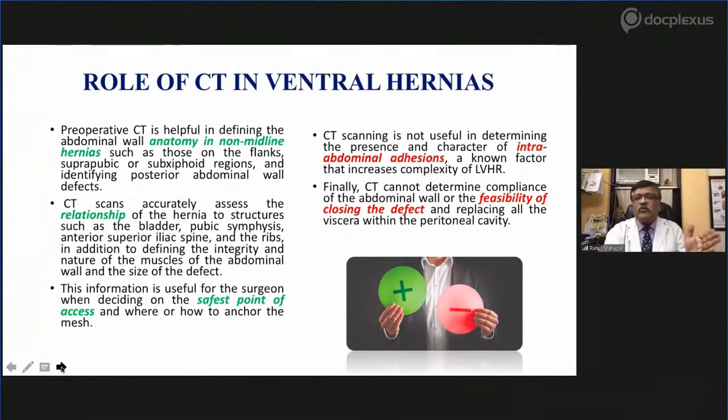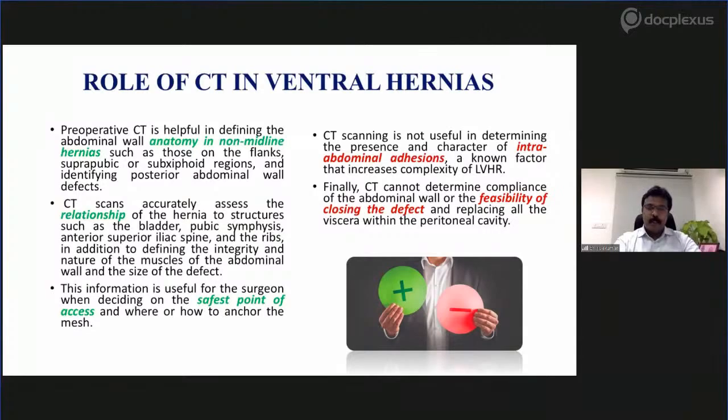So you need to talk to your radiologist and ask the radiologist to comment on the anterior abdominal wall rather than the contents of the abdomen. That is most important, because no one is talking about the hernia, the muscle size, the thickness of the muscle, the thickness of the linea alba. That is what we have started doing now.